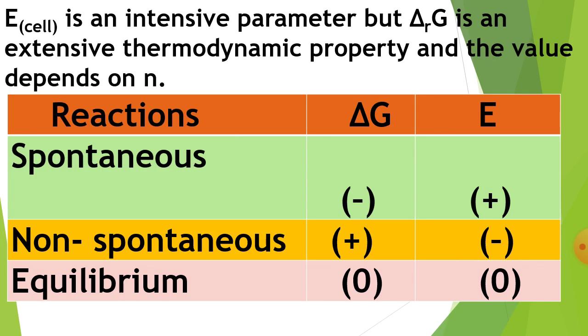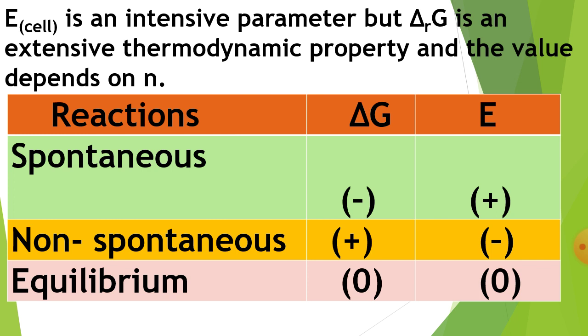Now E cell is an intensive parameter, a static property, but delta r G is an extensive thermodynamic property, and its value depends upon n as given in the formula delta G equal to minus nF E cell.